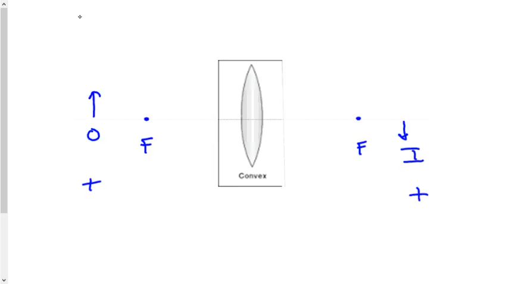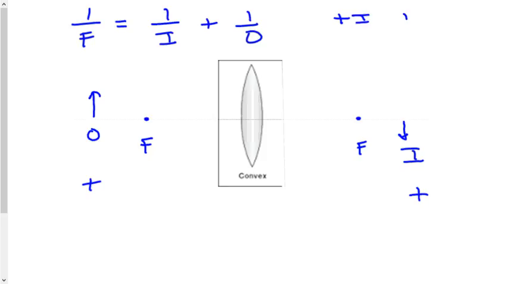So we then use the fundamental lens equation. 1 over the focal length is equal to 1 over the image distance plus 1 over the object distance. And it turns out that when your object is on the left side, or farther away from the lens than the focal point, you will get a positive image distance.